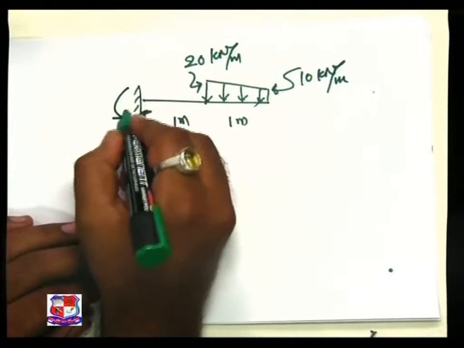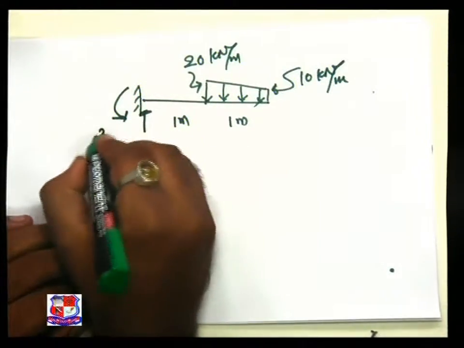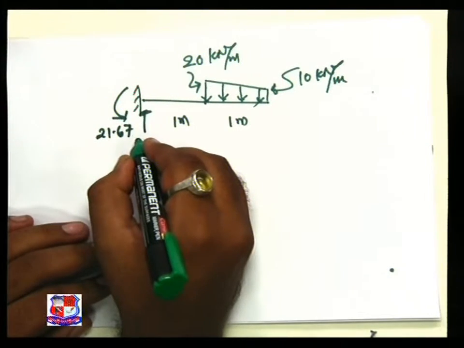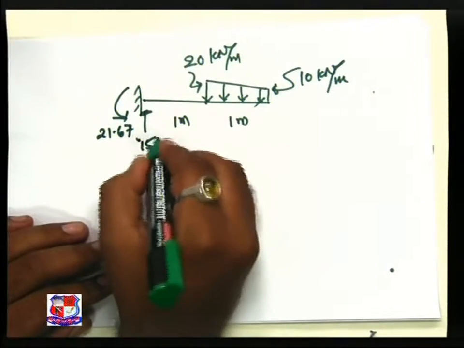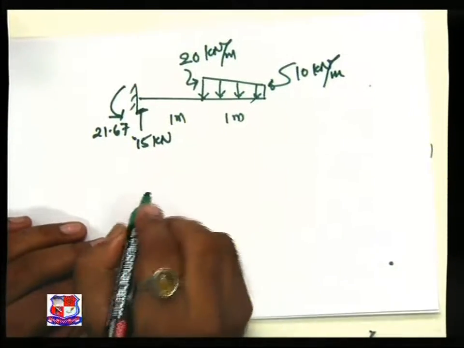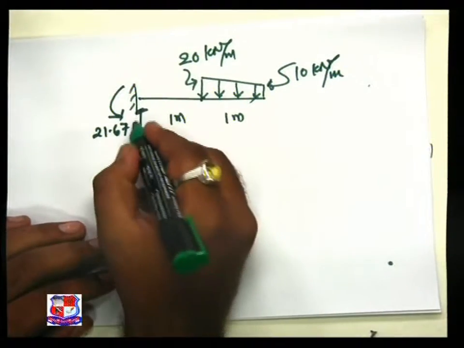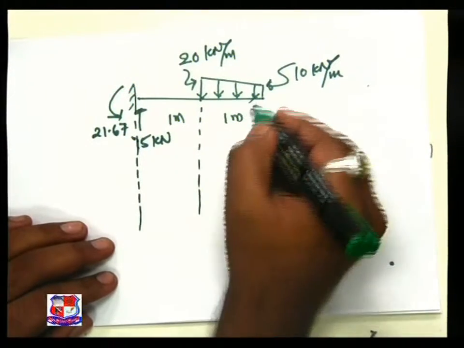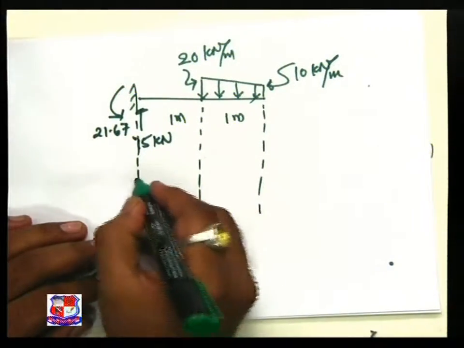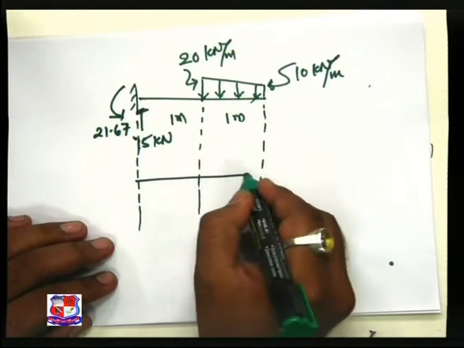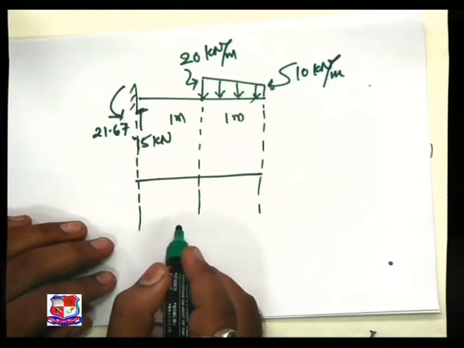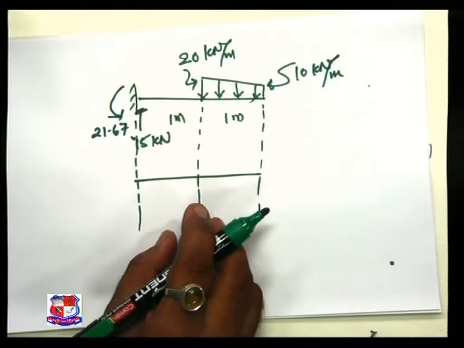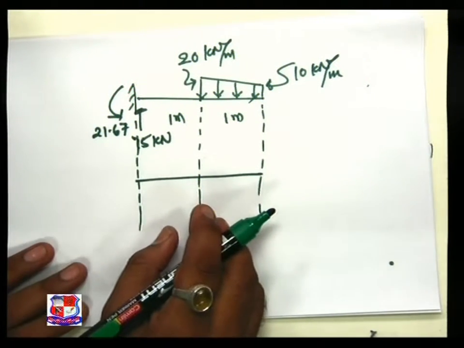We know these reactions, and this RAV is 15 kN. As per our procedure, at the important points start with the dotted line. This is the baseline; all the positive values are above the baseline, and all the negative values are below the baseline.